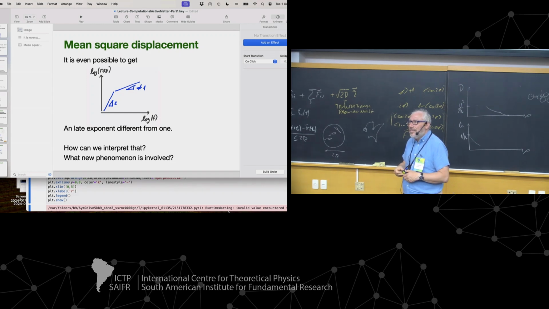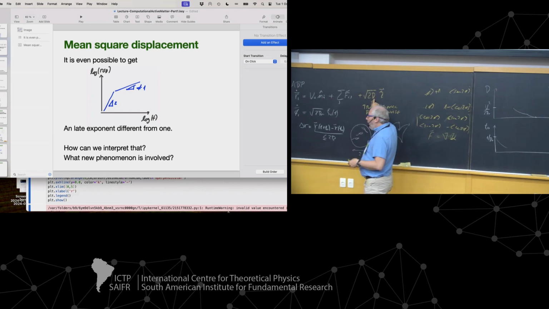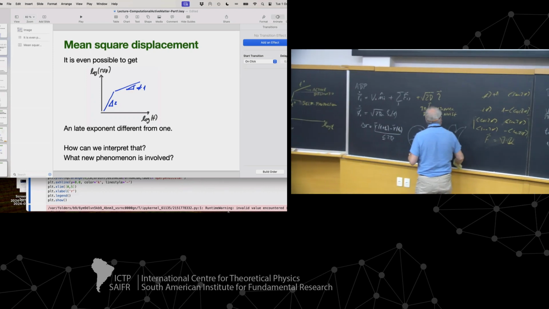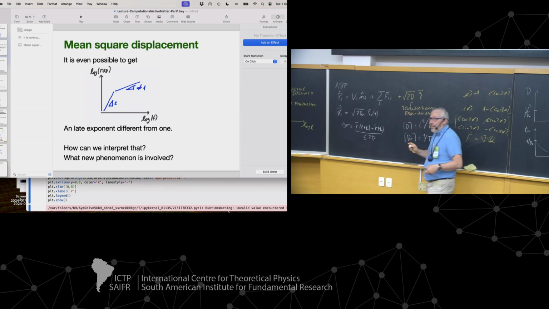How small is this D compared to V naught? This one? Yes. They're not comparable directly, because this is a diffusion coefficient, which has units of length squared divided by time. The rotational diffusion coefficient has units of 1 over time only.